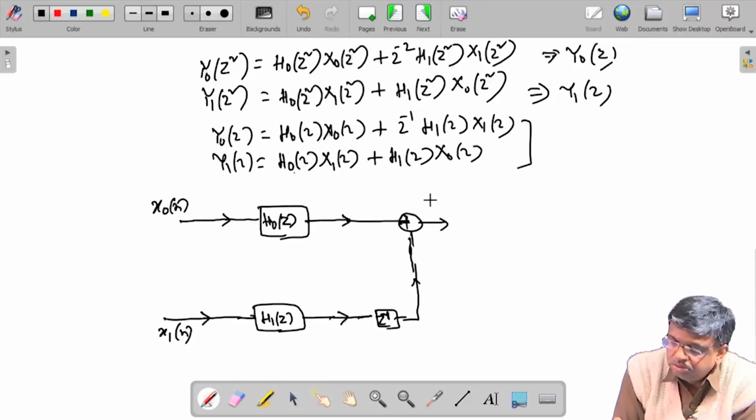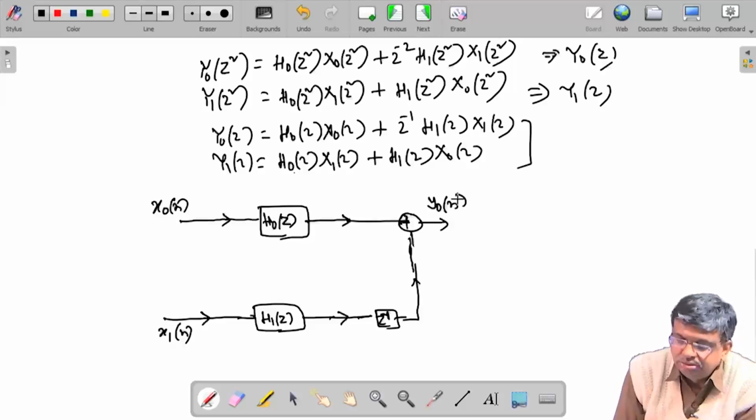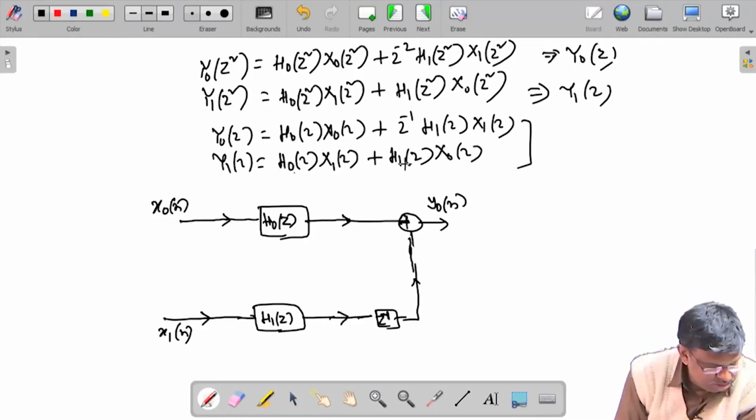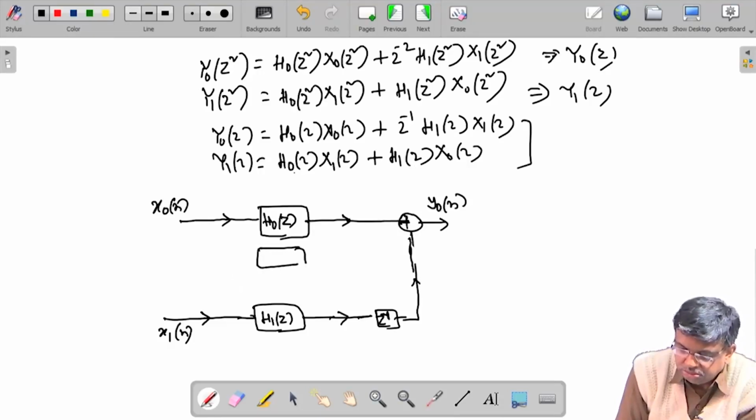This will be your y0 n, and then x1 h1, this is done. Y1, how to obtain it? X0 will go through h1 z, so it will be again h1 z, the same h1 z repeated again.